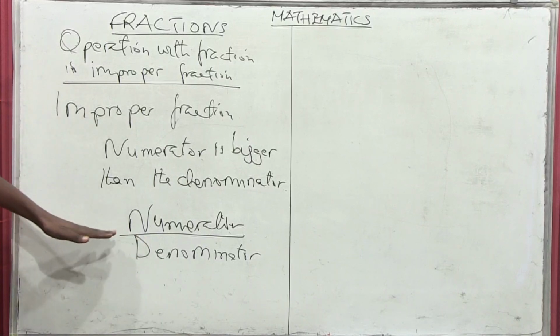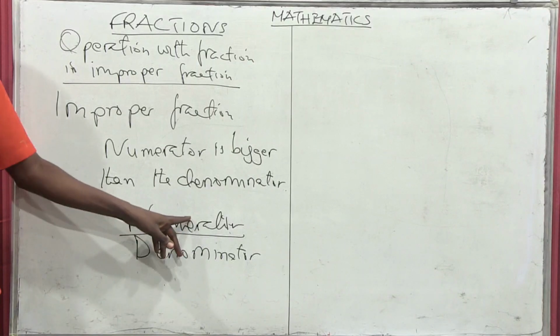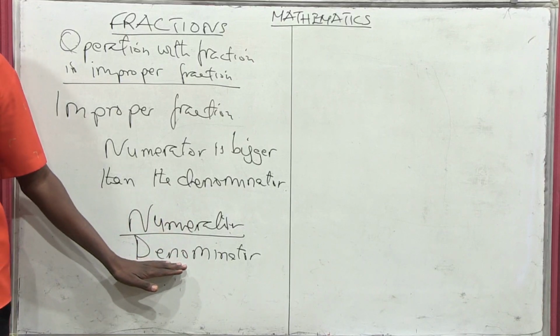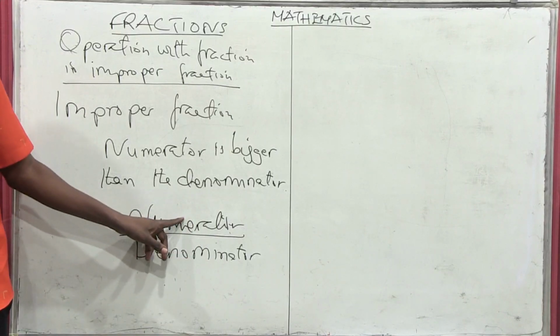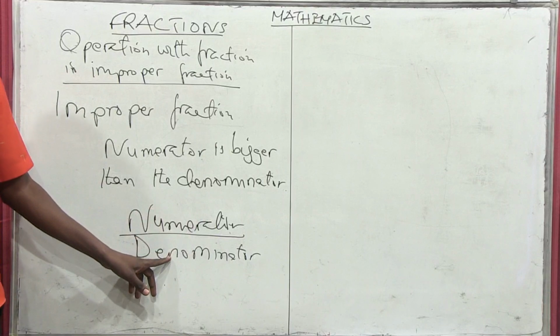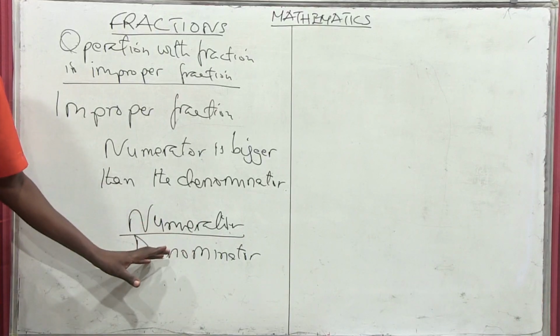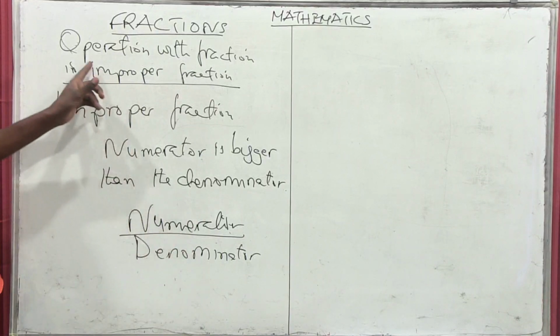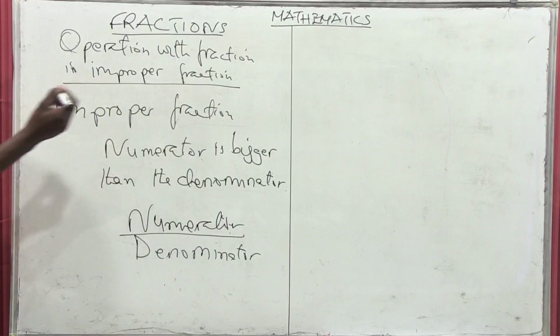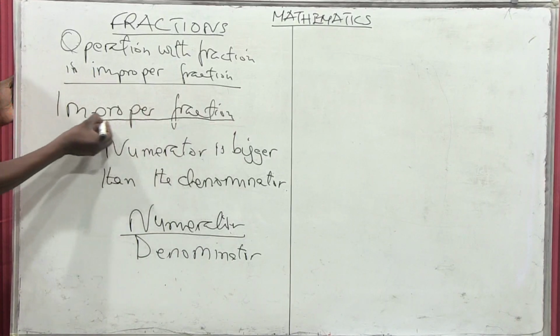A fraction is written in this form. This is the numerator and this is the denominator. So when a numerator is bigger than a denominator, this kind of fraction is called an improper fraction.